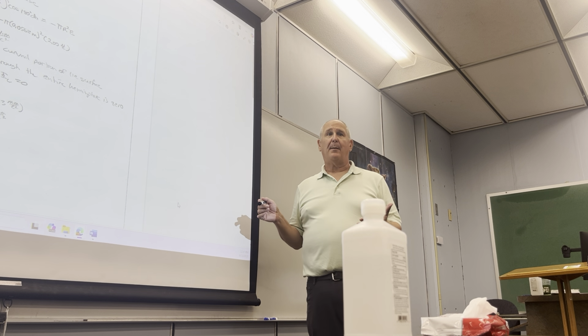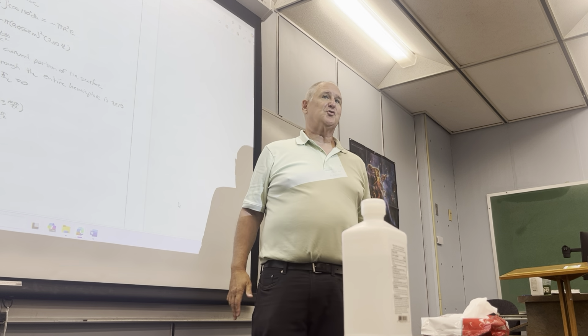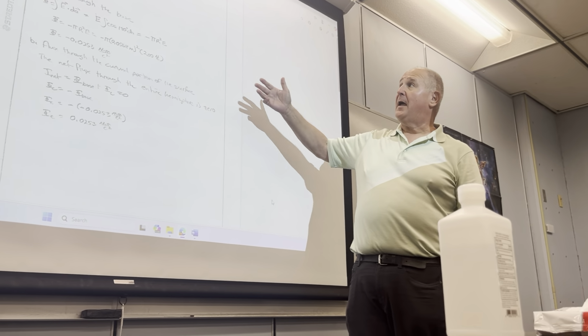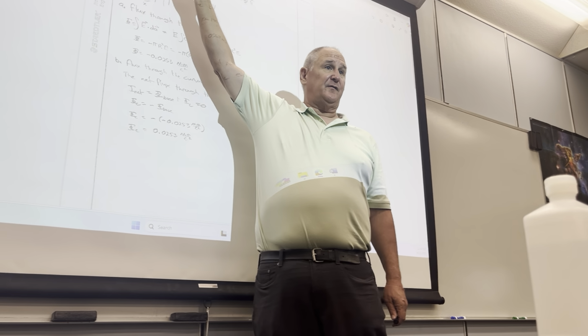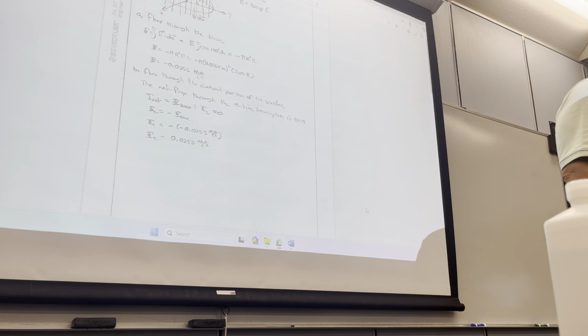Here, that won't happen. Here, you have to envision some kind of trick in order to make this work. Some of you, if you figured this out, know what that is. The flux going in has to be equal to the flux going out. It just has a difference of sign. Does that make sense?